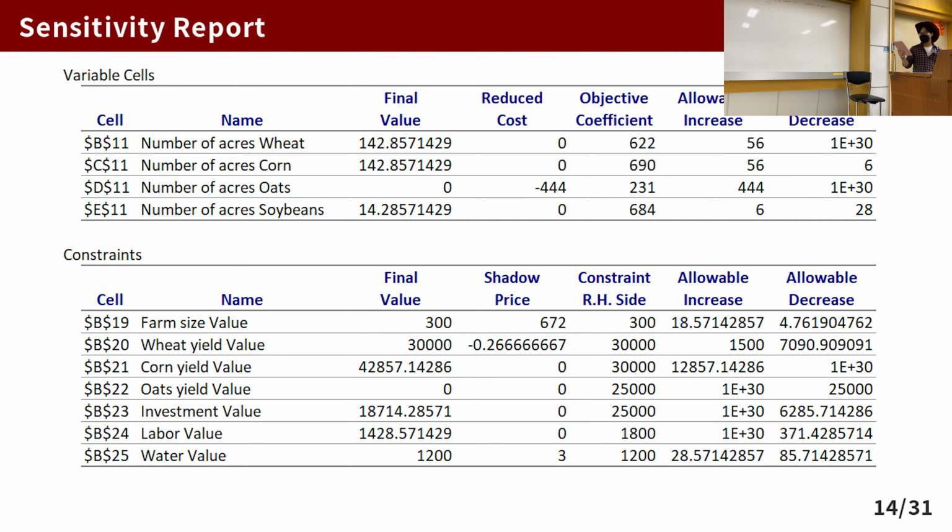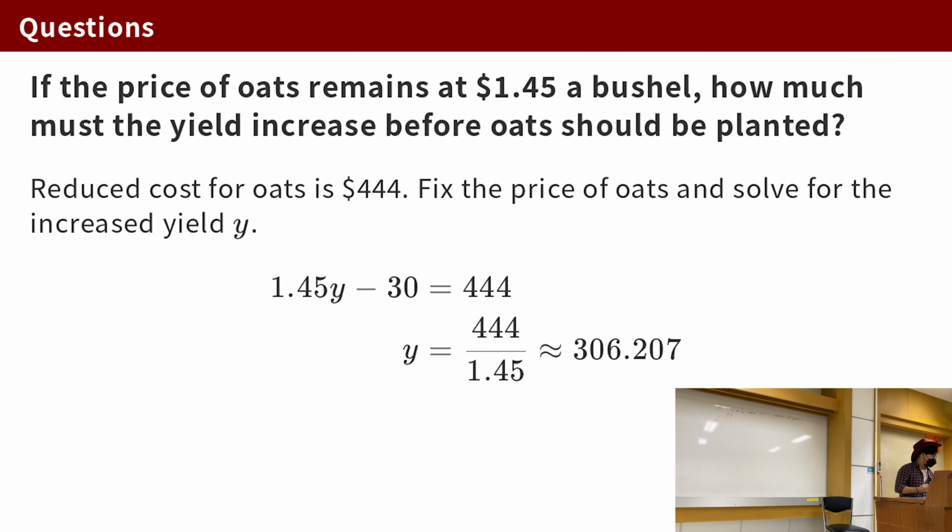So this is the sensitivity report, because that's what we're going to use for the questions. Question 1: if the price of oats remains the same as it is now, how much must the yield increase before the oats should be planted? This is basically the same as asking how much we can increase the coefficient so that the solution changes.